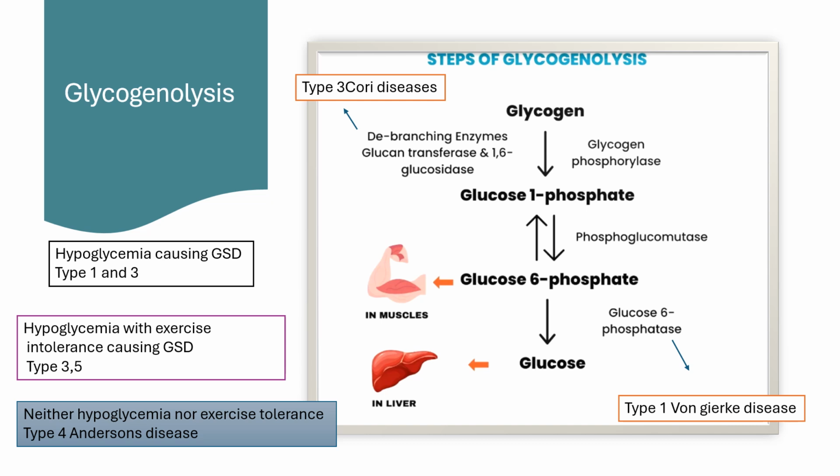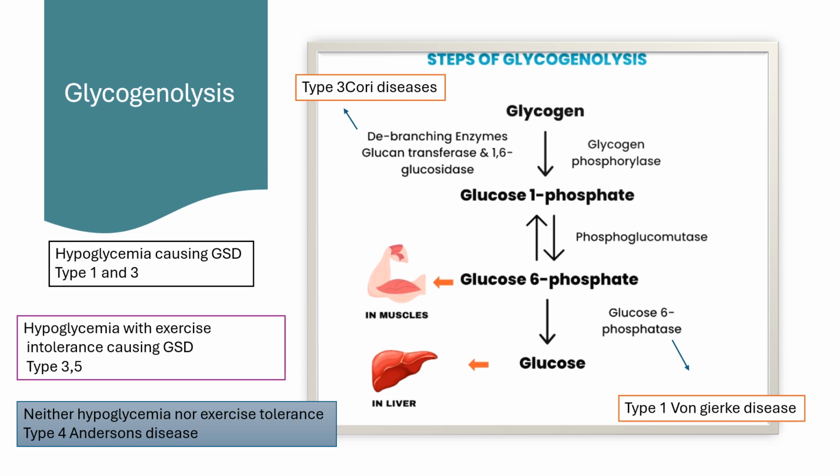Then debranching enzymes are the enzymes which cleave the glycogen into glucose, and these are glucan transferase and alpha-1,6 glucosidase. When these enzymes are deficient, we get type 3 Cori's disease. Hypoglycemia causing GSDs, that is glycogen storage disorders, are type 1 and type 3.